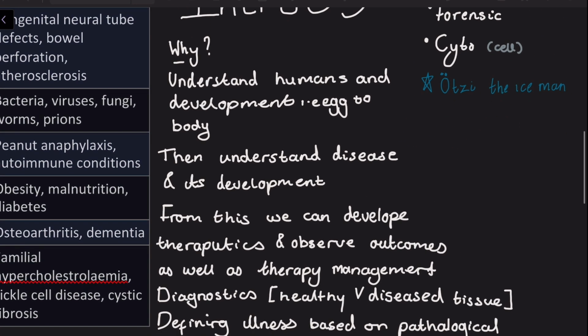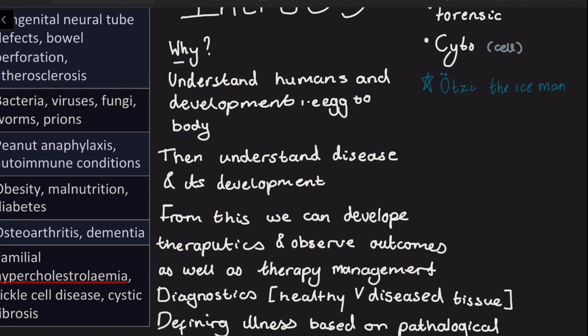So why do we actually study pathology? We study pathology to understand the full development of humans, so how we go from an egg to multicellular tissue to then a multi-tissue organism. If we understand this development and the healthy basics, then we can understand the development of disease.